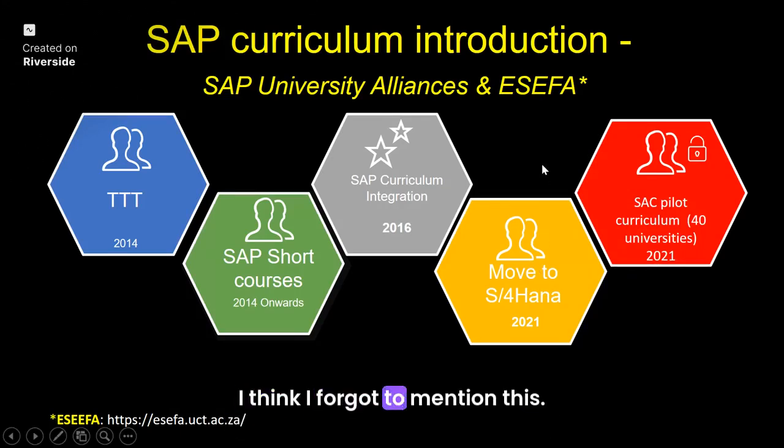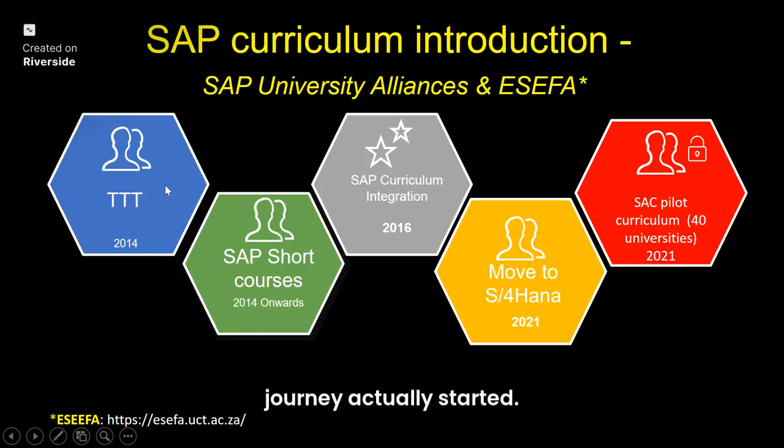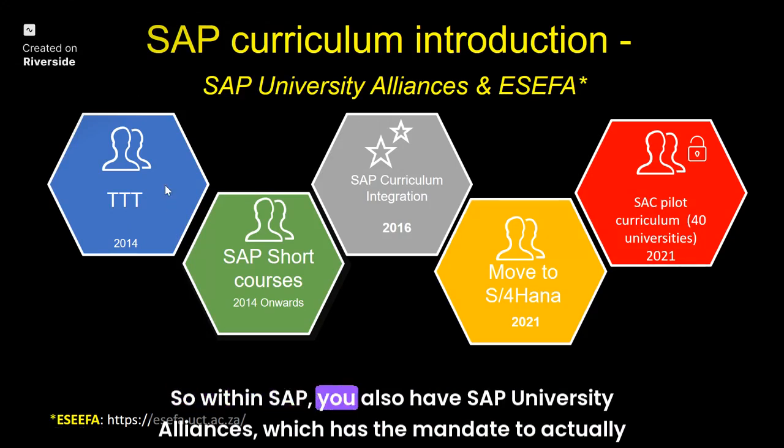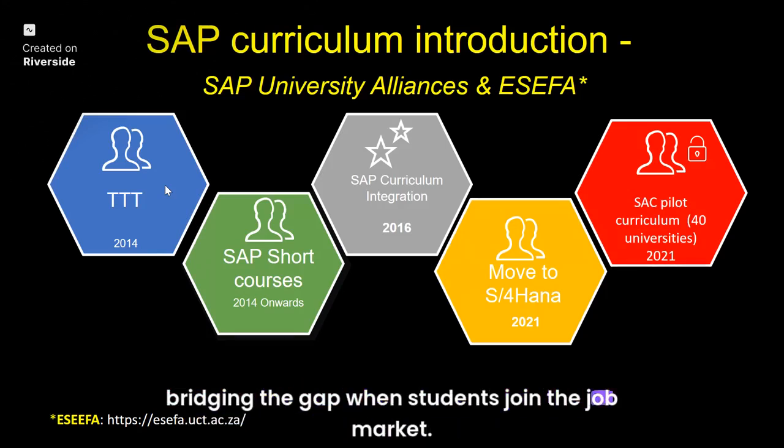I think I forgot to mention this. We really have to thank the SAP University Alliances and the ISIFA project, where all this journey started. Within SAP, SAP University Alliances has the mandate to introduce curriculum at the higher education level, ultimately with the aim of bridging the gap when students join the job market.